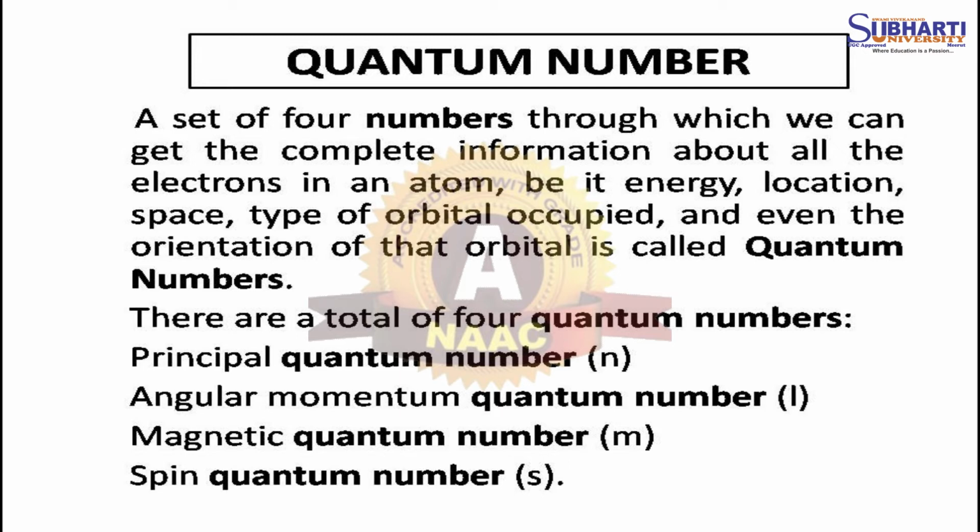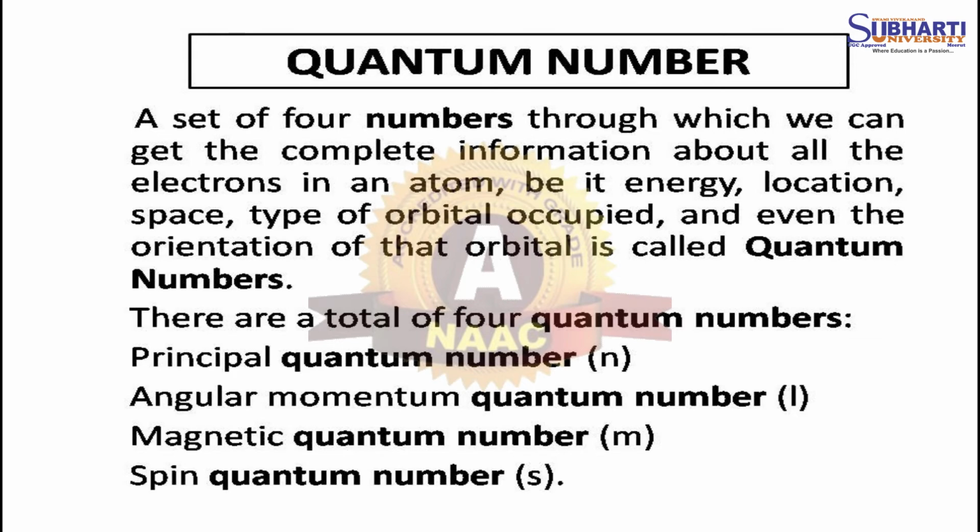There are a total of 4 quantum numbers. First is the principal quantum number, denoted by small n. Second one is the angular quantum number, denoted by small l. Third one is the magnetic quantum number, denoted by small m. And last one is the spin quantum number, denoted by small s.